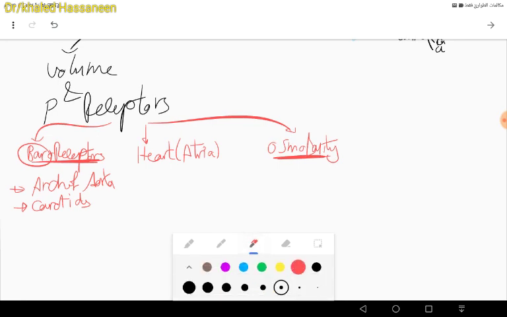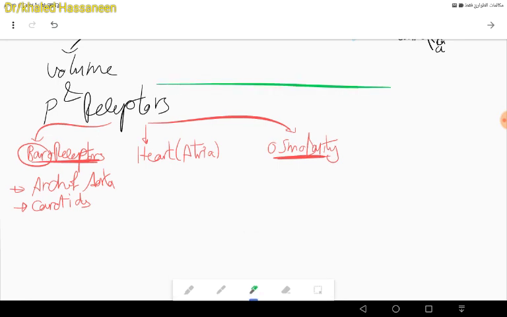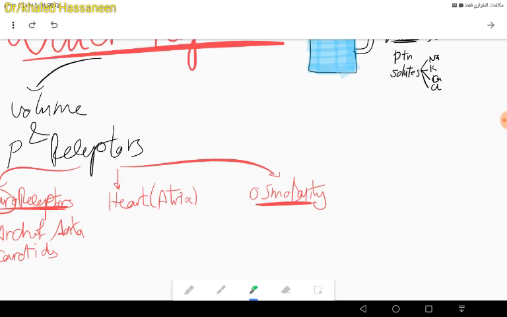This is our first system. The second system has nothing to do with volume and pressure. It has something to do with the kidney, which is our juxtaglomerular apparatus.